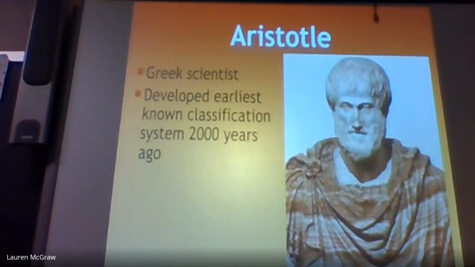Aristotle starts to make a classification system of the organisms that he finds. Now, he lived in ancient Greece, and people didn't live as long as we do today. So do you think Aristotle lived to the ripe old age of 60?